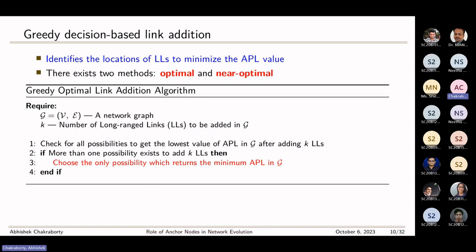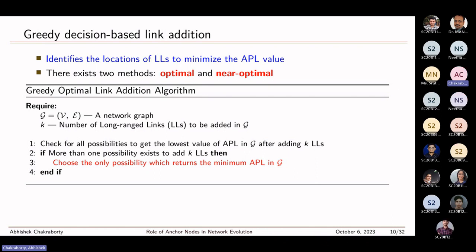So for example, if you want to add 2 LLs, you have NC2 combinations where you can add those 2 LLs. And for each of the cases, you need to identify the shortest path.